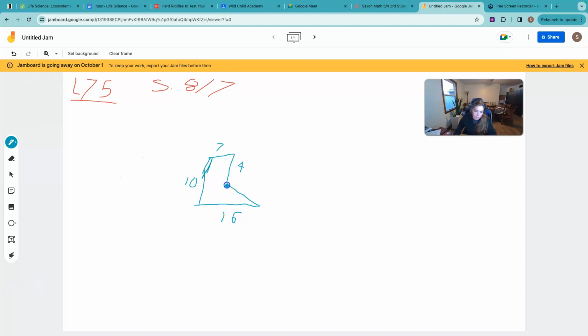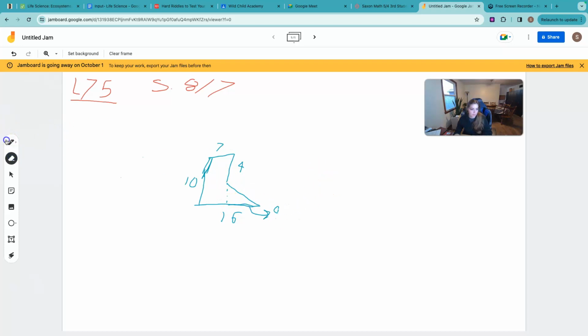So I see a triangle here that I'm going to take. So 16 minus 7, that would be 9. So I'm going to say that the base of this triangle is 9. I was able to do that because 7 goes to the corner here, so I'd subtract 7 from 16 to get what the base of the triangle would be.